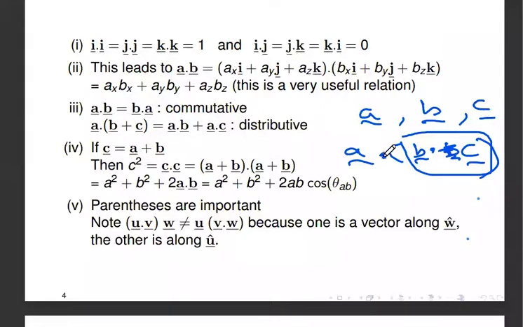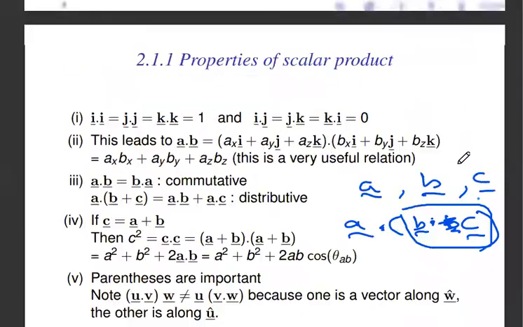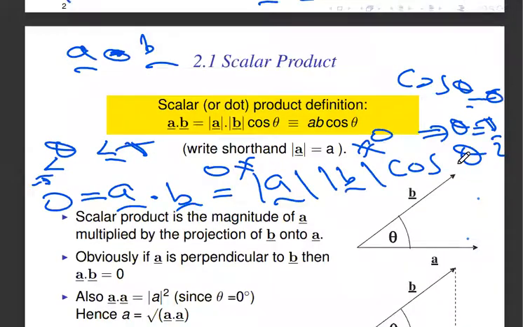So this would be the scalar product. This should be the scalar product, but not the dot product, right? So this is a different product, and this is a different product. I will denote the dot product in this way.